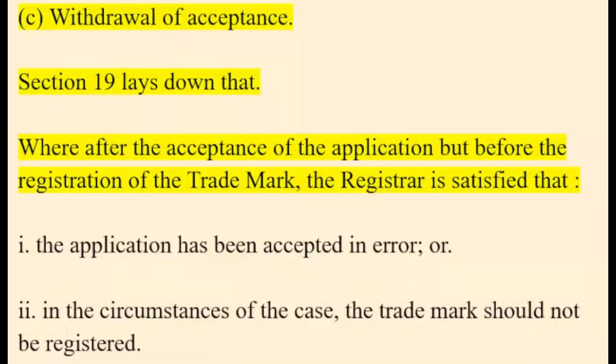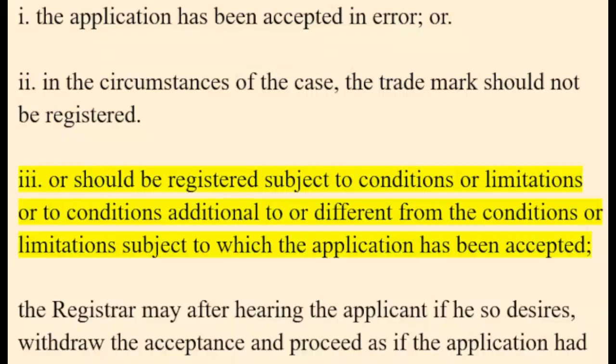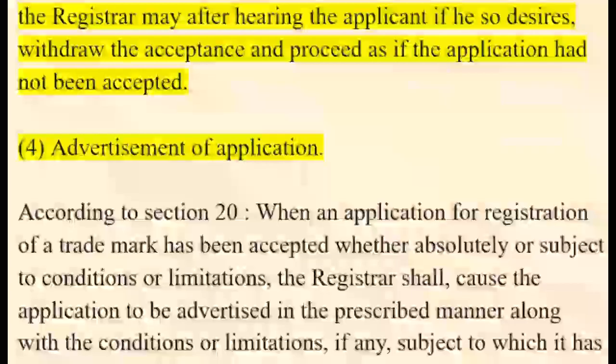Section 19 lays down that, where after the acceptance of the application but before the registration of the trademark, the registrar is satisfied that (i) the application has been accepted in error, or (ii) in the circumstances of the case, the trademark should not be registered, or should be registered subject to conditions or limitations or to conditions additional to or different from the conditions or limitations subject to which the application has been accepted, the registrar may, after hearing the applicant if he so desires, withdraw the acceptance and proceed as if the application had not been accepted.